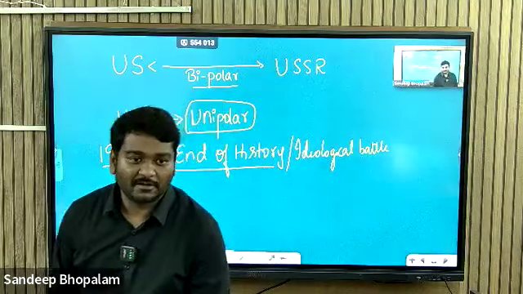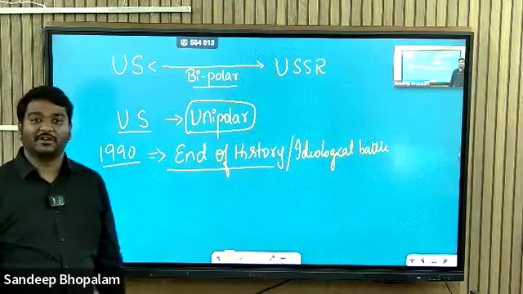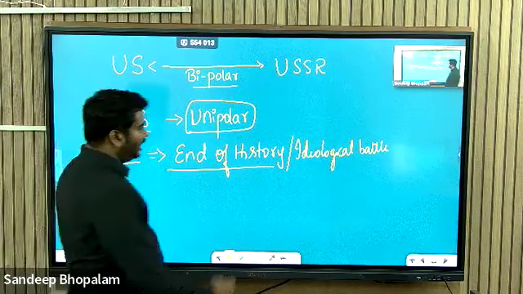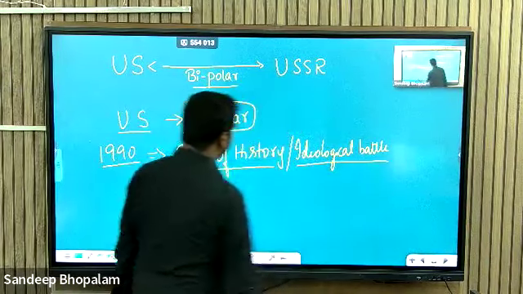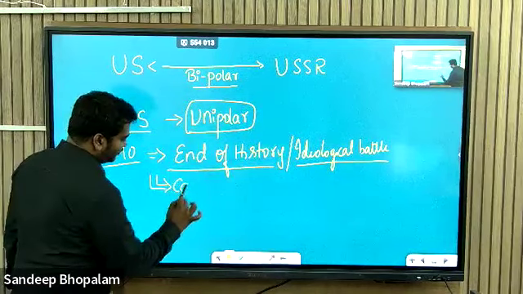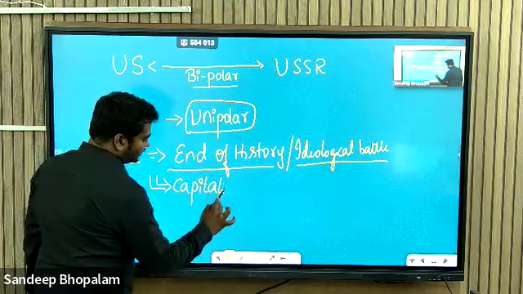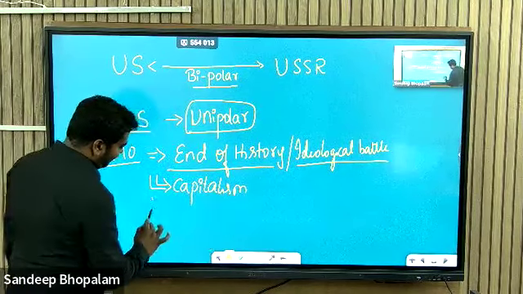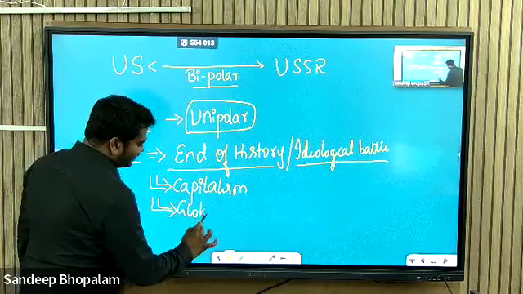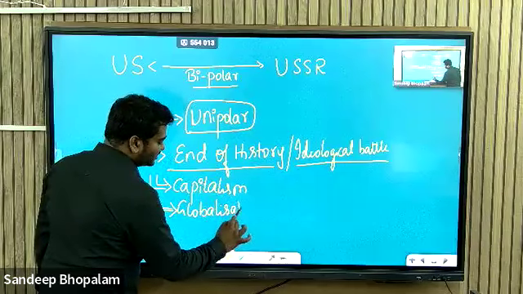Who is powerful? US means what? Capitalism, democracy. So it is the end of the ideological battle. Everyone in the world should follow what? Capitalism, and open their economy for foreign investments.